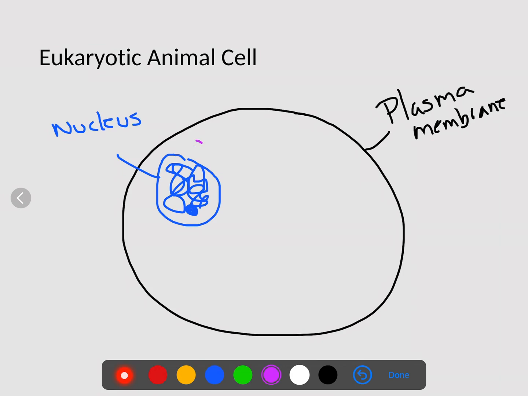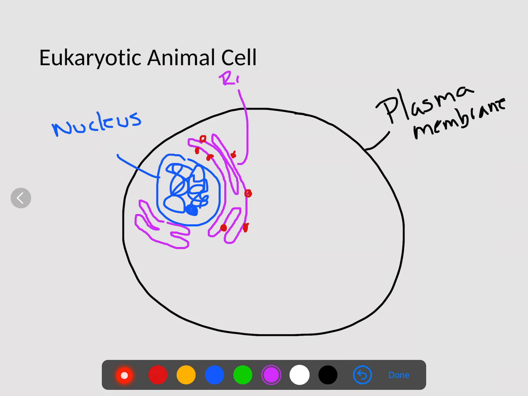So also on the inside here, or just outside the nucleus, I should say, we also have this membrane area right here. And again, remember there's two of them, a smooth and a rough ER. So this again is our endoplasmic reticulum, which modifies and ships things within the cell.